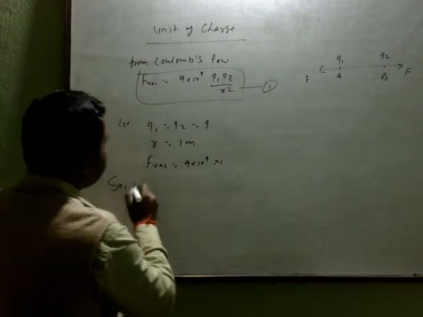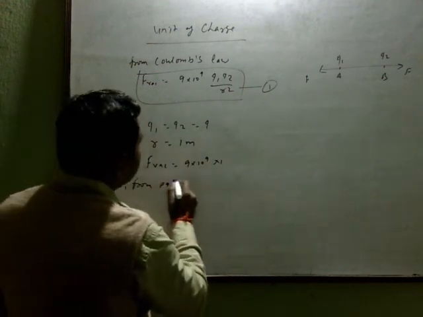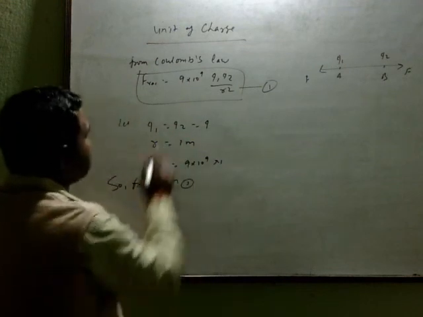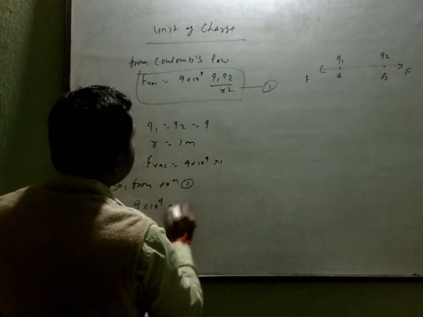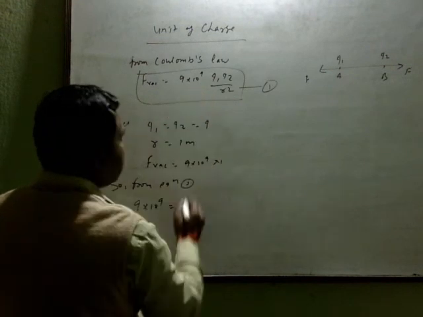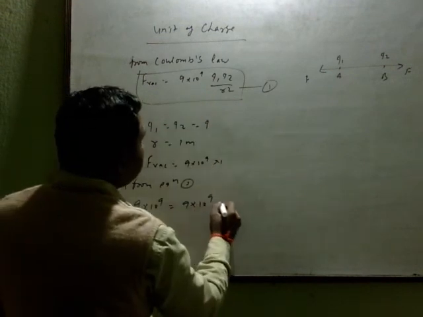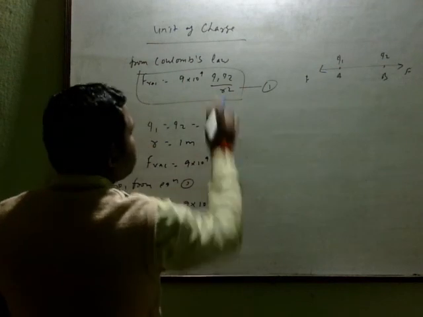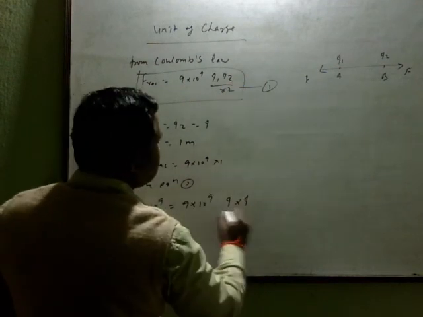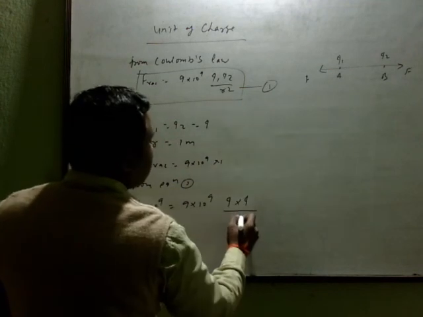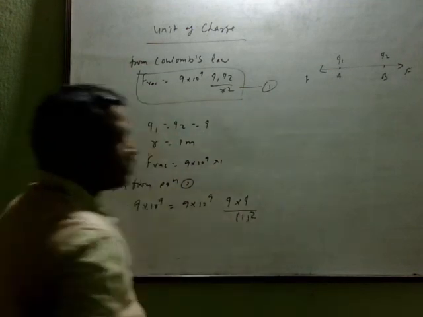So what will you write? From equation 1, put these values. Then on the left side you write 9 into 10 to the power 9 equal to 9 into 10 to the power 9, and in place of Q1 you write Q, in place of Q2 you write Q, and in place of R you write 1, with a square.